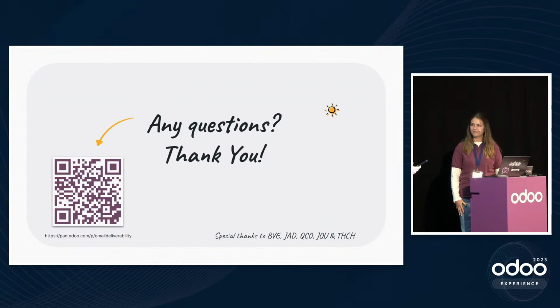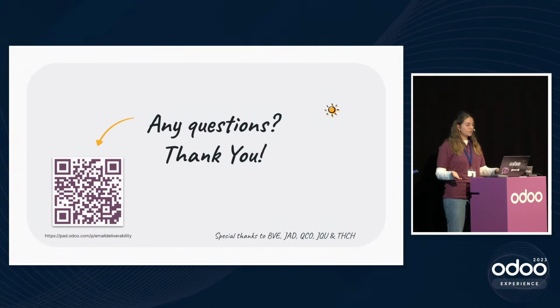The first question: if I remove the standard settings to use my own domain, is it easy to switch back to the Odoo server? Yes, of course. If I have configured everything like we mentioned in the talk, in the system parameters if I use Odoo version before 17, or in the new alias domain menu, if I put my domain there and did all my configuration for outgoing and incoming email, switching back to Odoo's one is very easy.